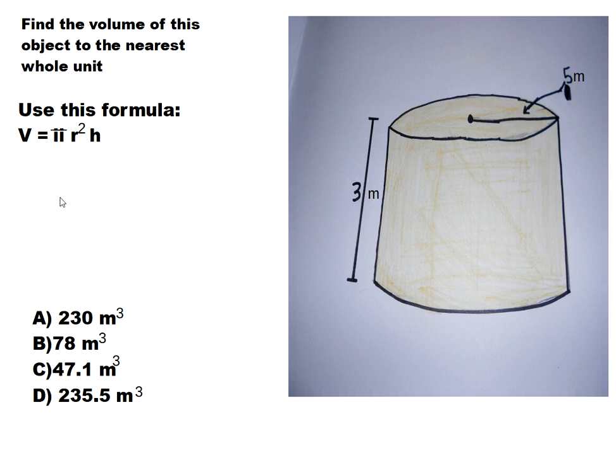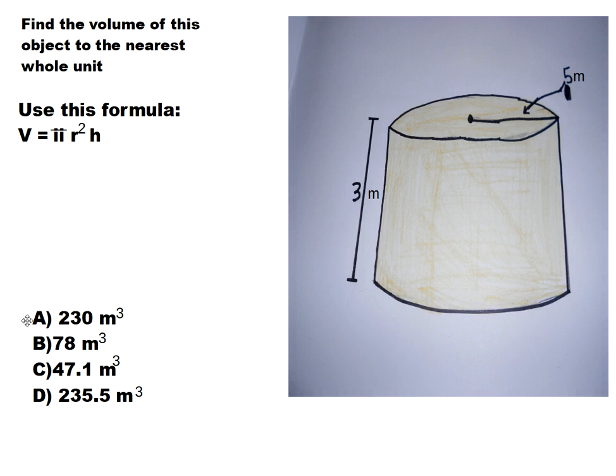So 3.14 times 25 times 3. So use your calculator. So the answer is letter D, 235.5 meters cubed.